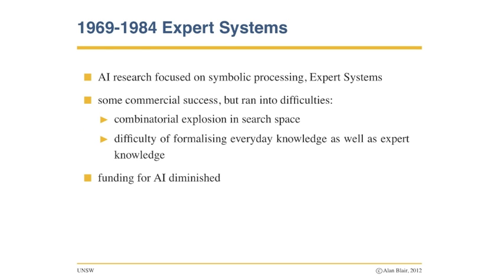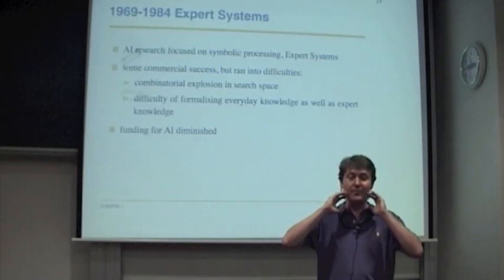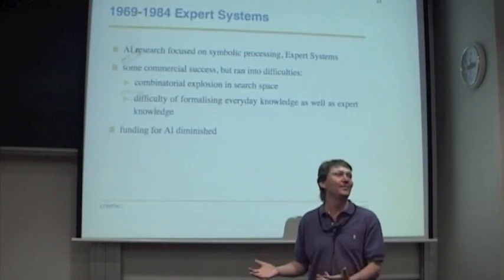Now, these expert systems saw some commercial success, but they ran into difficulty, partly because of a combinatorial explosion in the search space, and the difficulty of formalizing everyday knowledge as well as expert knowledge. The idea behind these expert systems was you invite an expert in a particular field.